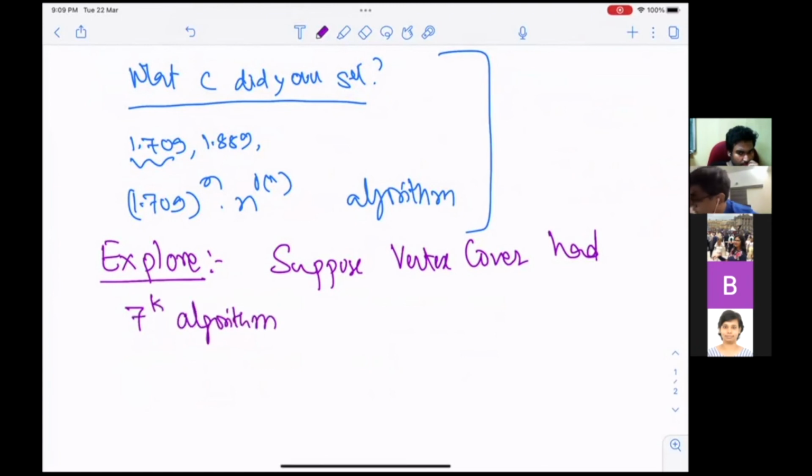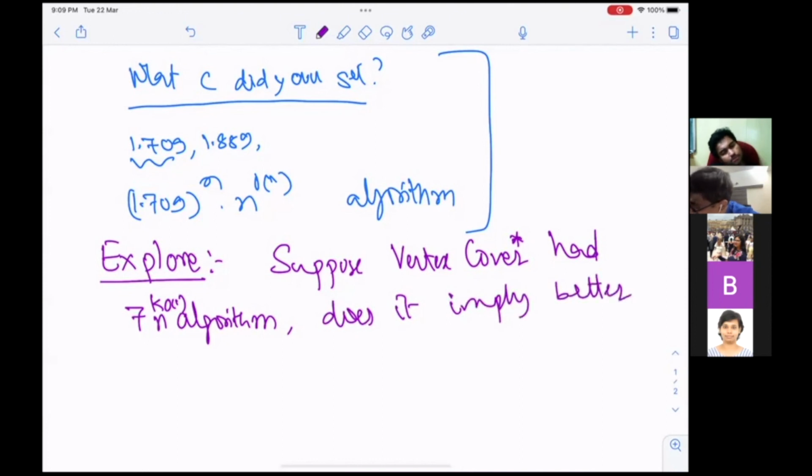Suppose vertex cover, or vertex cover star, some new problem, had a 7 power K n to the power big O of 1 algorithm. Does it imply a better than C power n algorithm, better than 2 power n, for the corresponding problem?